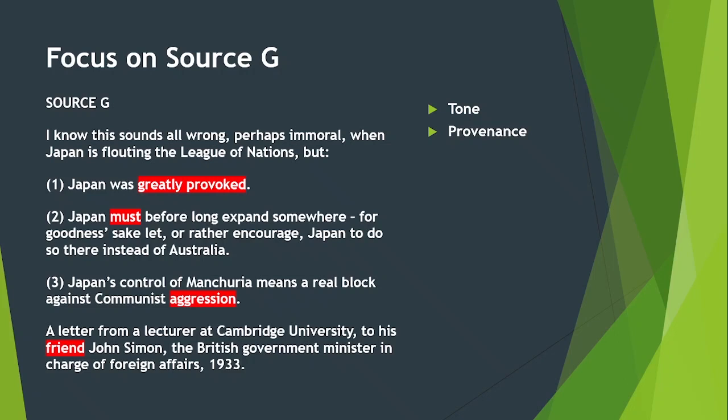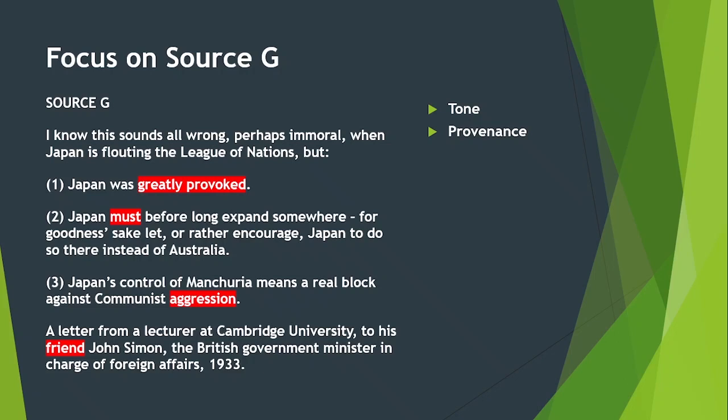Japan's control of Manchuria means a real block against communist aggression. A pro-communist source would have used the word resistance. These are all opinions, not facts. Some can be checked. The first by investigation at the time, the third only by historians, the second not at all.